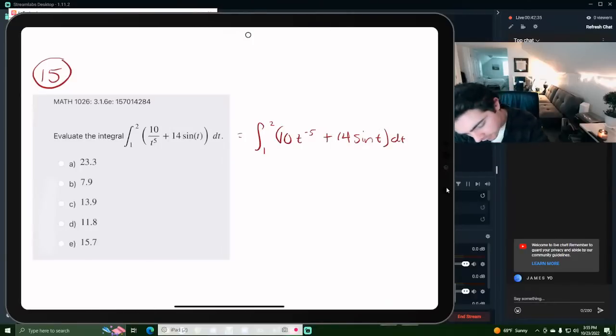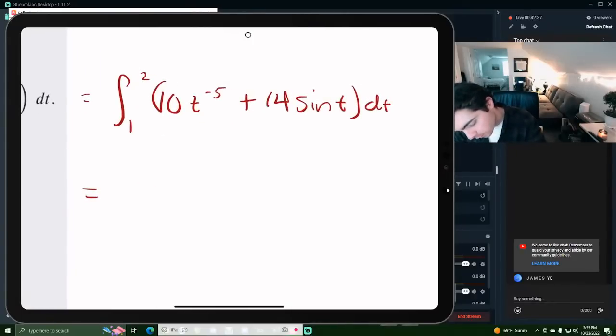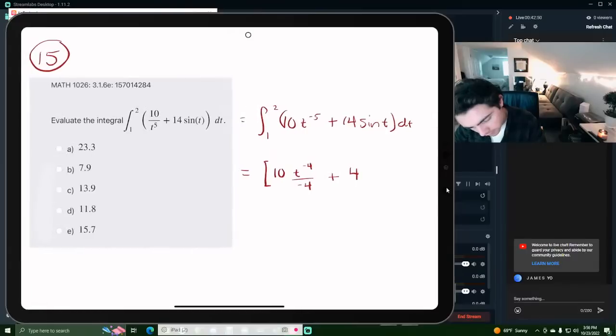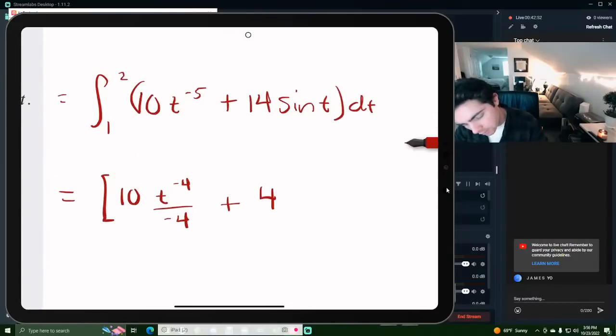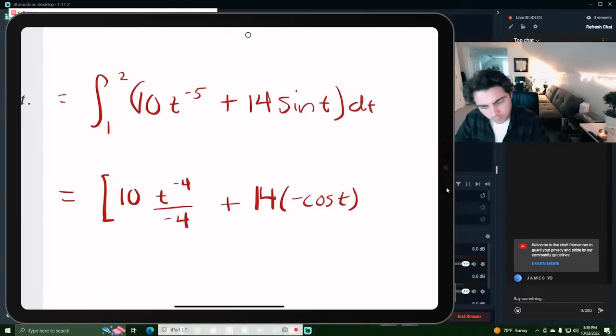So antiderivative of each term, we leave the 10, we add 1 to the exponent to get negative 4, we divide by that negative 4, we add 14, and then the antiderivative of positive sine. That should be negative cosine of t, because the derivative of negative cosine is positive sine.